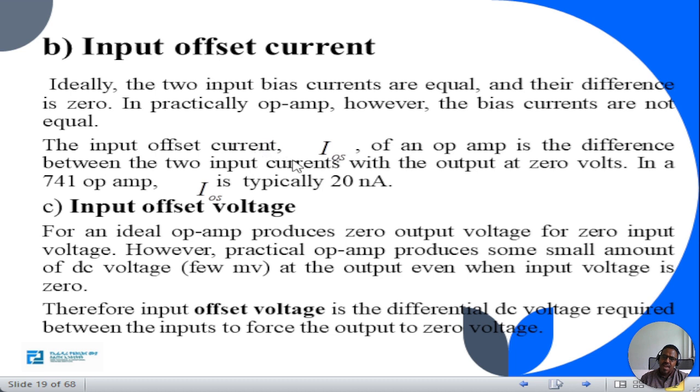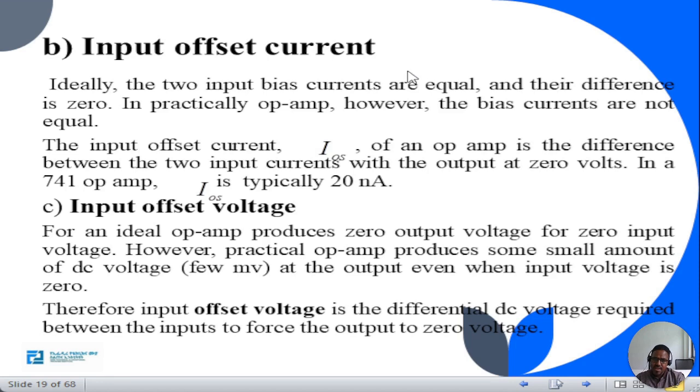The input offset current of an op-amp is the difference between the two input currents with the output at 0 volt. In a 748 op-amp it is about 20 nanoampere. So without any applied input voltage or current, we get a difference between V1 and V2 currents of 20 nanoampere.